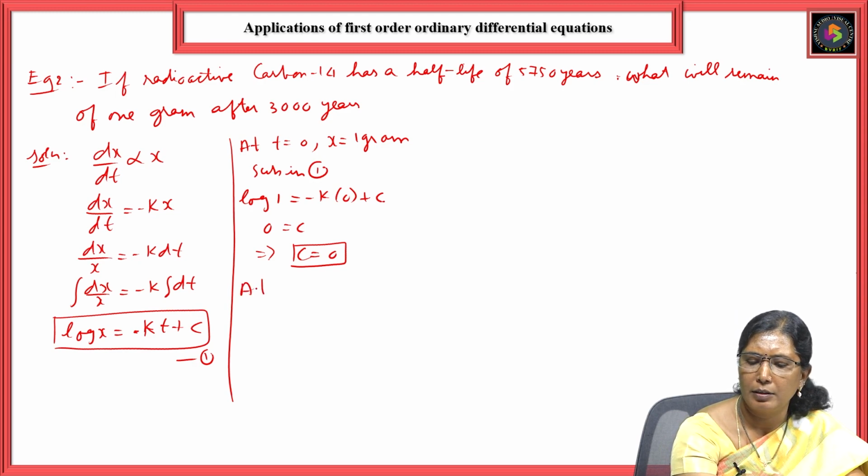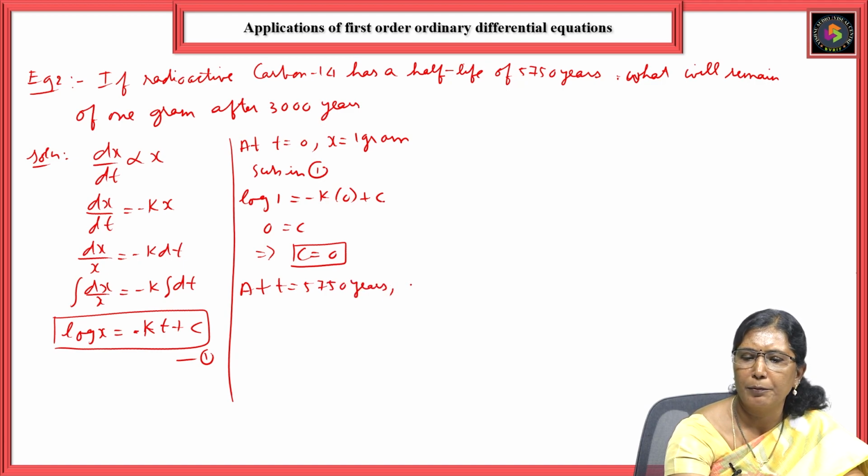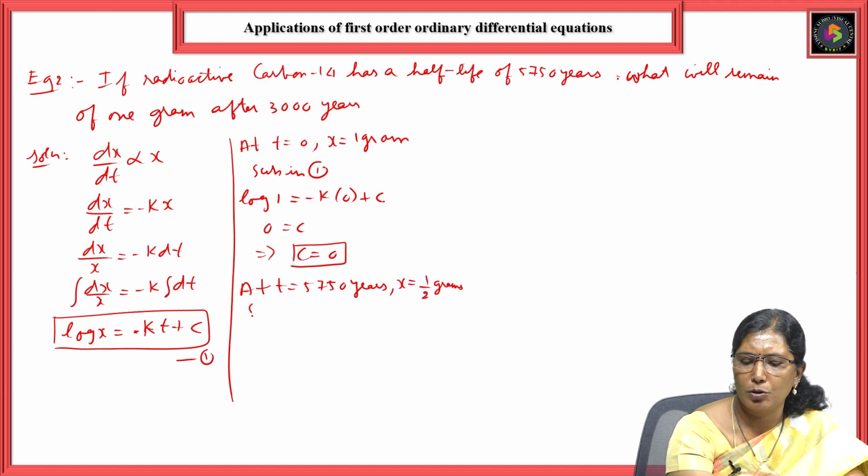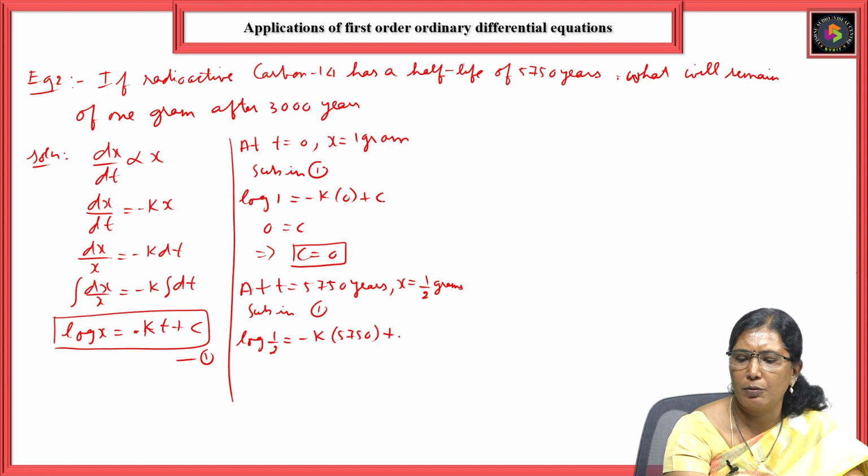So at t is equal to 5750 years, the mass reduces to 1 by 2 grams. Substituting in the equation, what do you get? Log 1 by 2 is equal to minus k into 5750 plus c. What is the c value? It is 0.